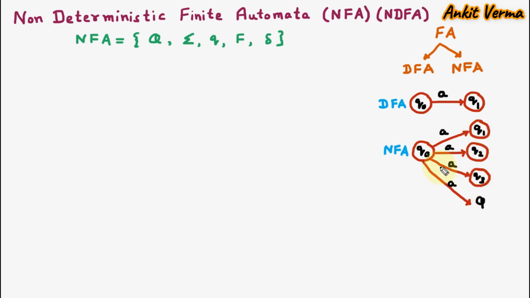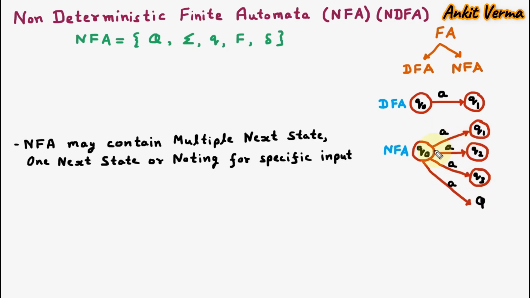The first thing about the NFA is NFA may contain multiple next state or single next state or nothing for a specific input. So in the NFA, if we are on the state Q0 and if A is coming, we may move to the multiple next state just like Q1, Q2, Q3, or we may go to the one next state, let's say it is Q1, or to nothing, that is phi.